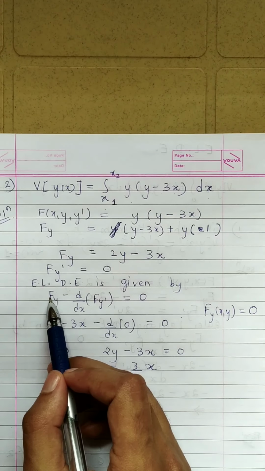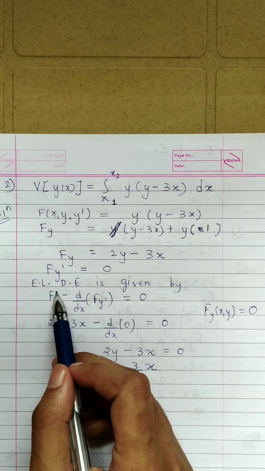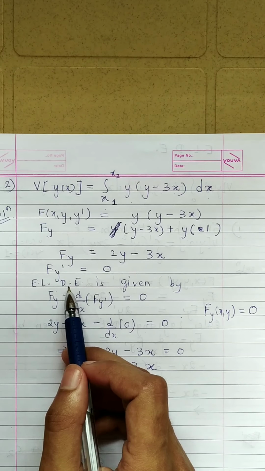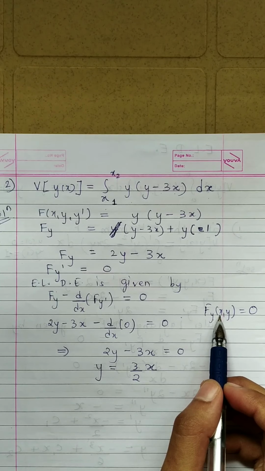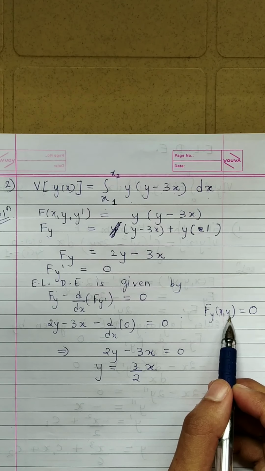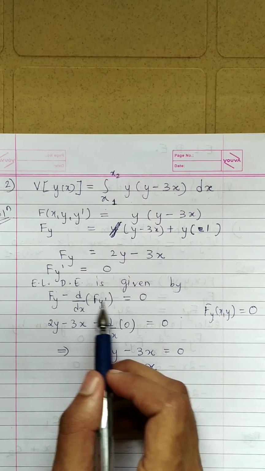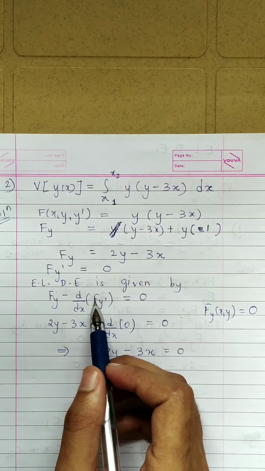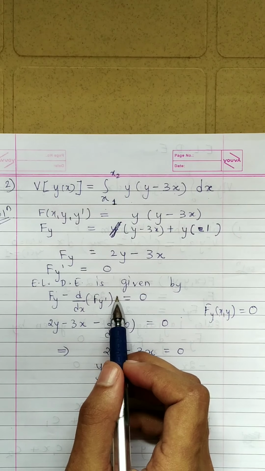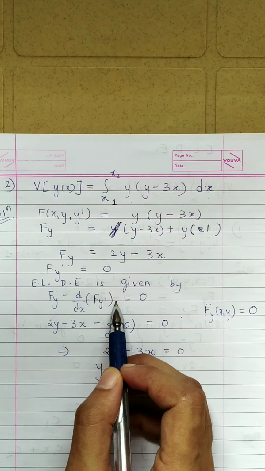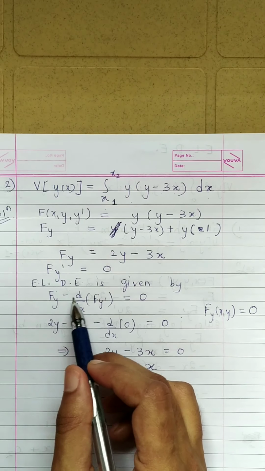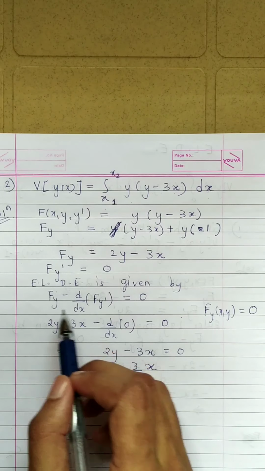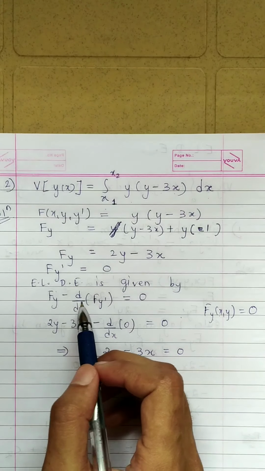See here, f y is a function of x, y, y dash, but in this there is no y dash, so this f y clearly becomes a function of x and y. And further to that f y dash is also equal to 0, so this part of the Euler-Lagrange equation vanishes, and we are left with f y of x, y equal to 0.